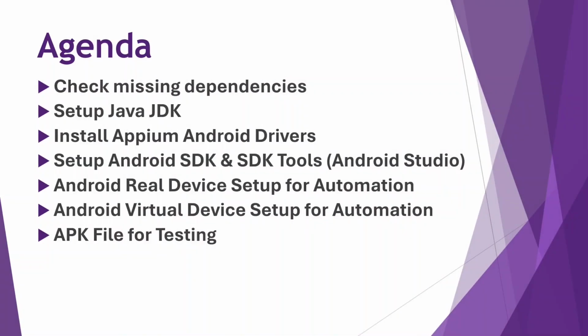So our agenda is, first we are going to see what are all the missing dependencies that are required for mobile automation, and then we're going to see how we can set up Java JDK that is required to start with our mobile automation, and we are also going to see how we can install Appium Android drivers, which I told you in my previous lesson as well.